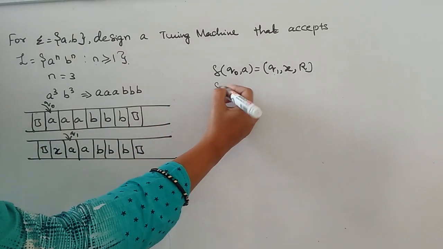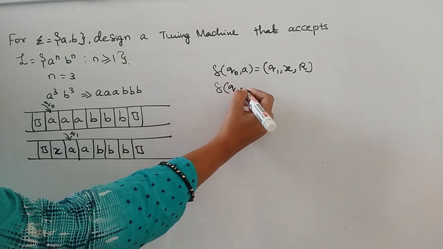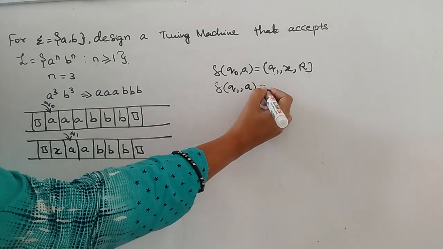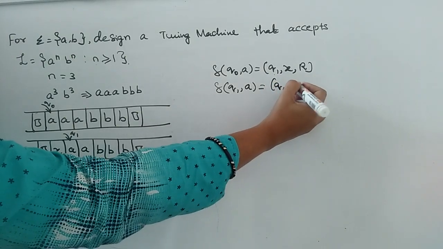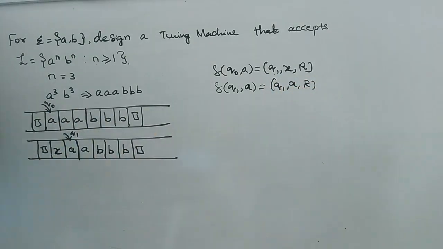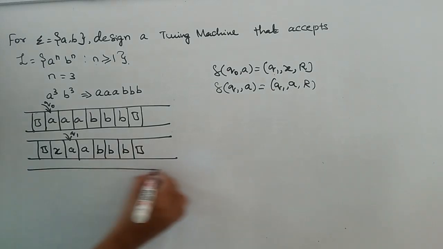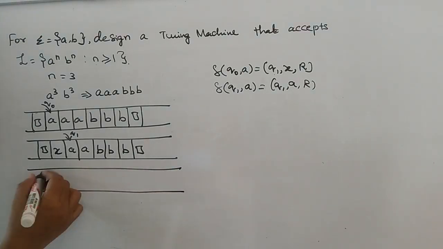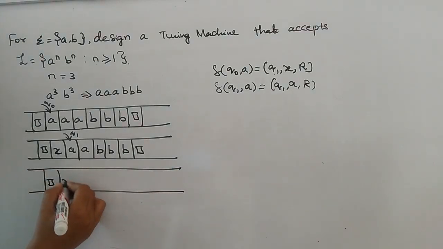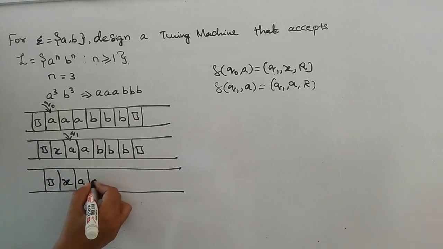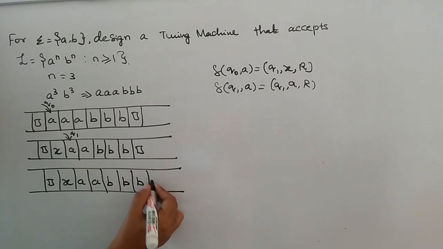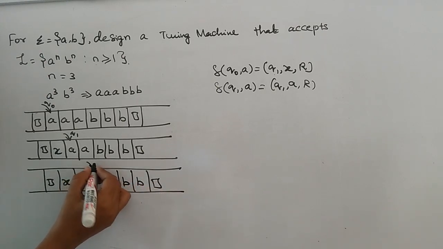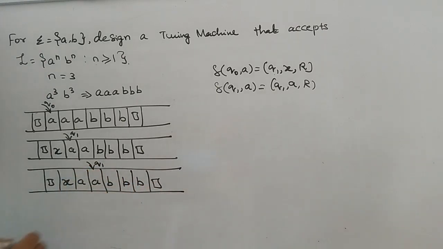That's why I write the transition as delta of q1 comma a equals q1 comma a comma R. It means I am simply moving the pointer towards right.